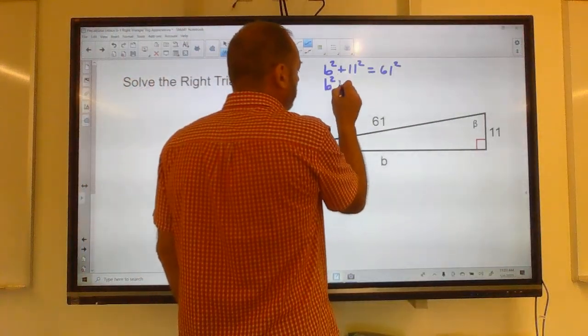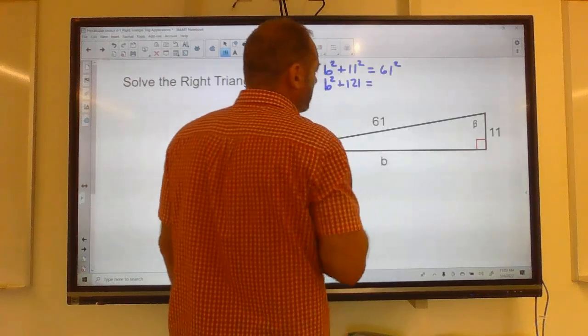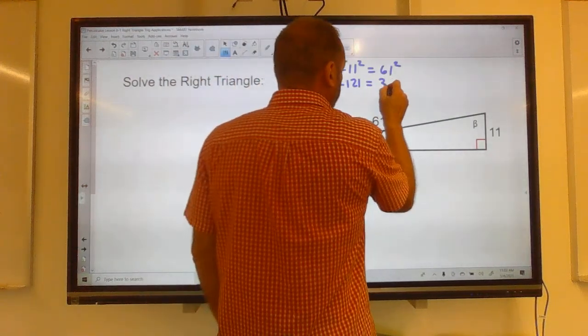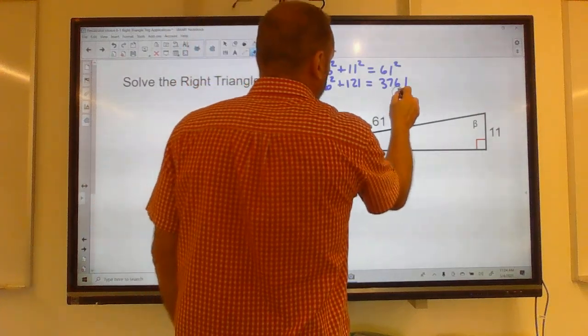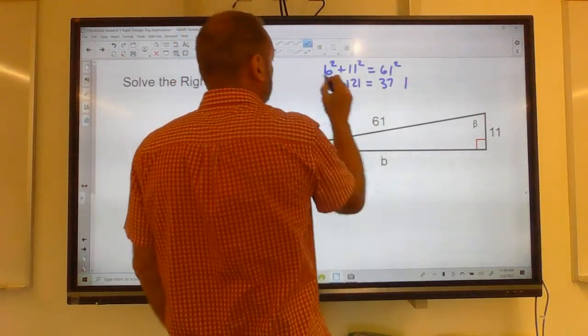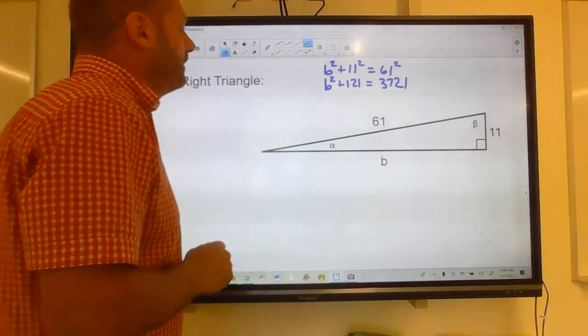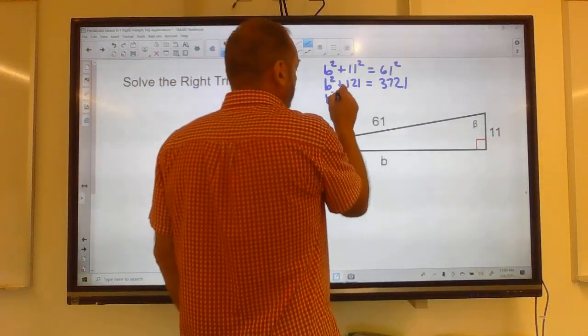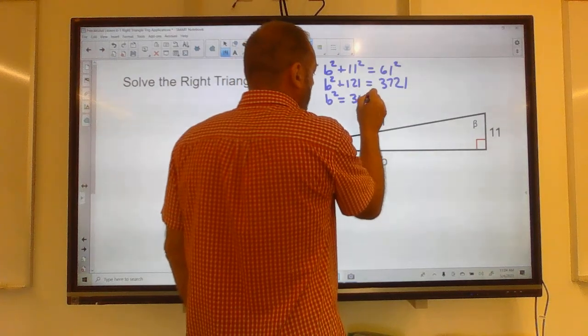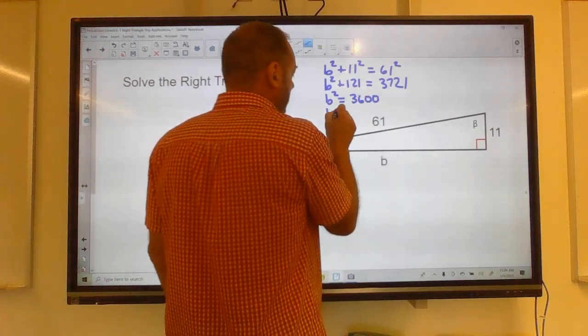So b squared plus 121, let's see, 61 squared, I'm sure you all know, is 3,721, sorry. Okay, and then I subtract 121 from both sides, and I get b squared is 3,600, and I square root that, and I get b is 60.